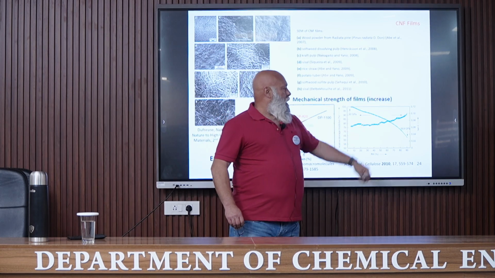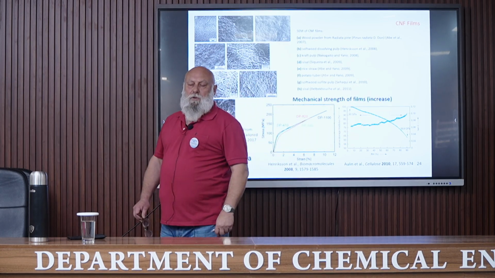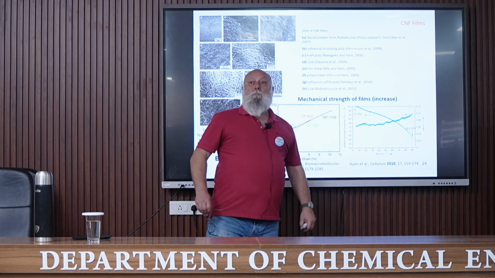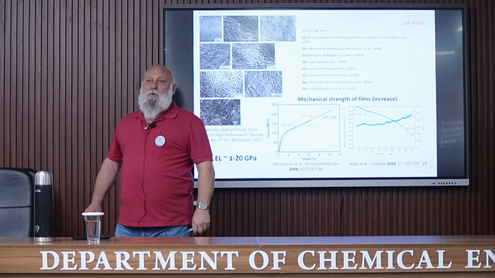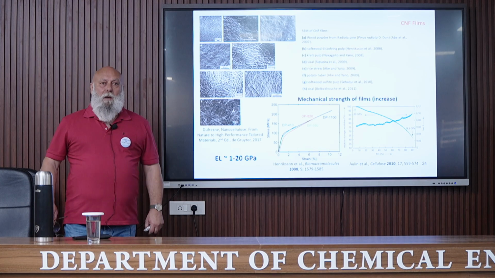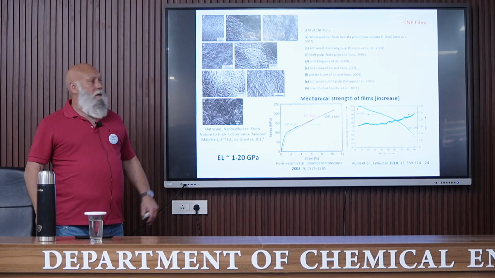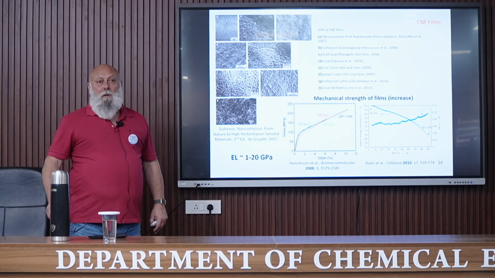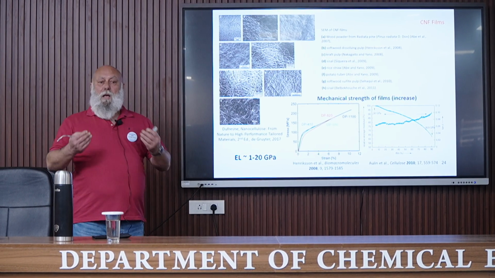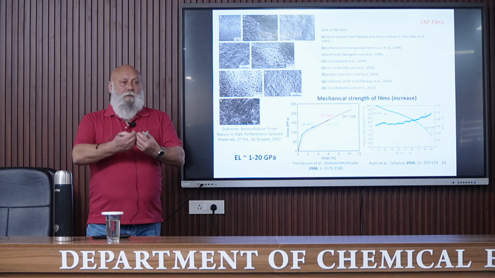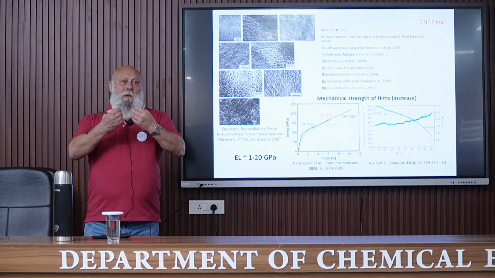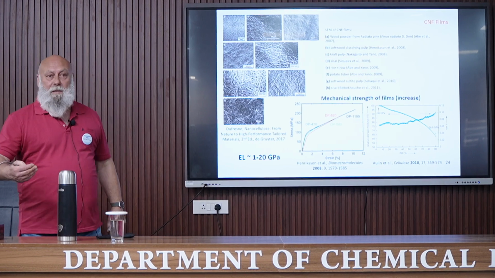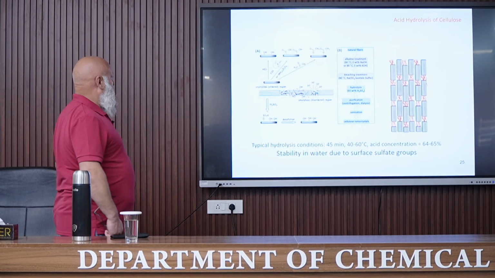For the loss angle, there is not so much change because no relaxation can be observed, but for the modulus of the material, when increasing the relative humidity, when increasing the water content, you can see that the stiffness of the nanopaper decreases. Of course, these water molecules can interact with the cellulose fiber, and it limits the interactions between the cellulose nanofibrils and then the strength of the nanopaper.